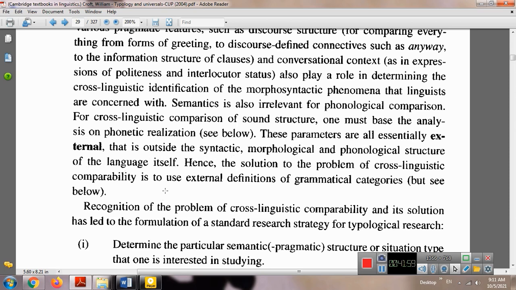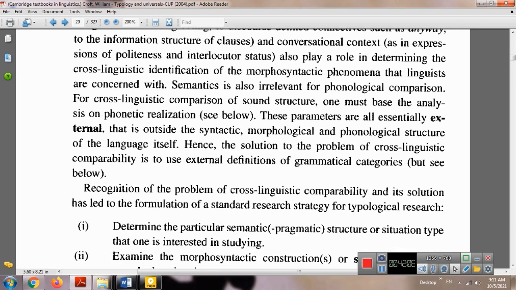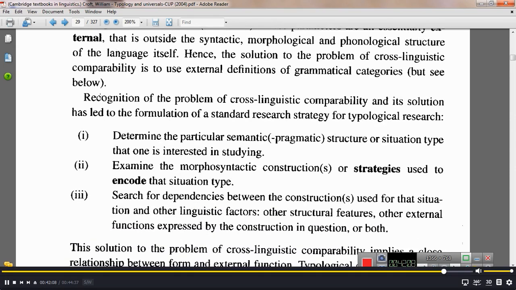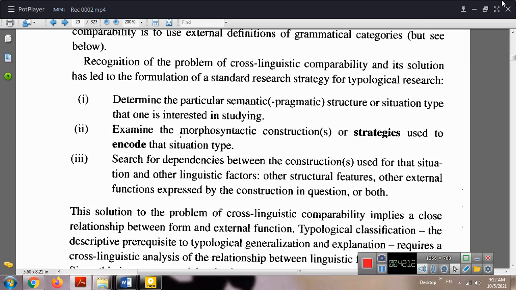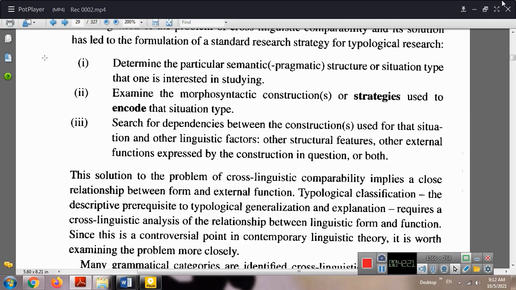Hence, the solution to the problem of cross-linguistic comparability is to use external definition of grammatical categories. Recognition of the problem of cross-linguistic comparability and its solution has led to the formulation of the standard research strategy for typological research.